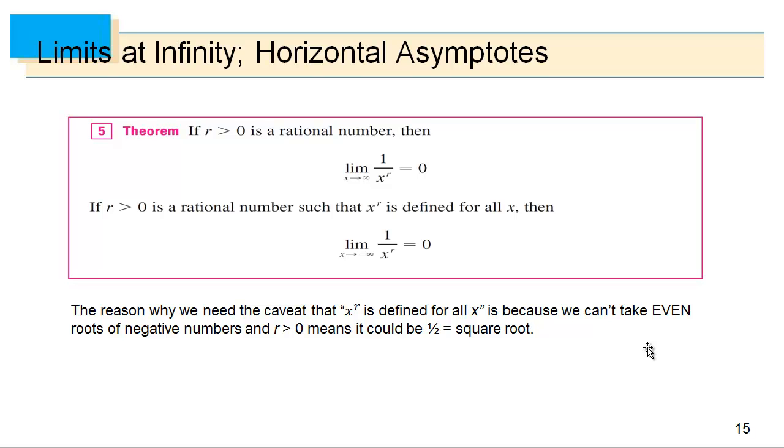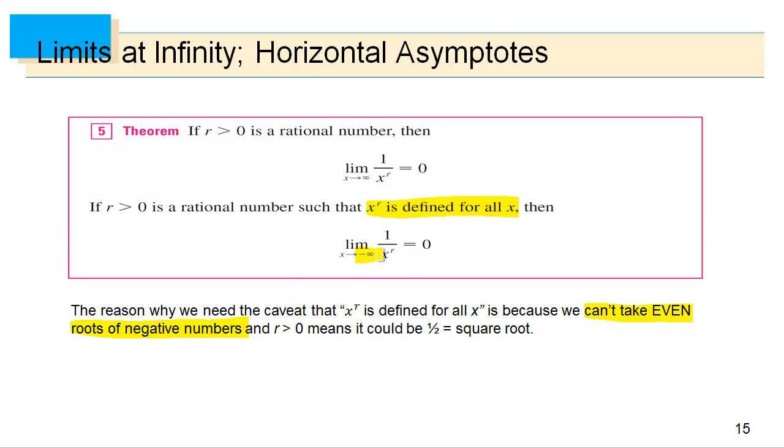You have to add the little piece that says x to the r is defined for all x. And the reason why we need that when we're dealing with going to negative infinity is because we're now letting x be a negative number, and we know that we can't take even roots of negative numbers.